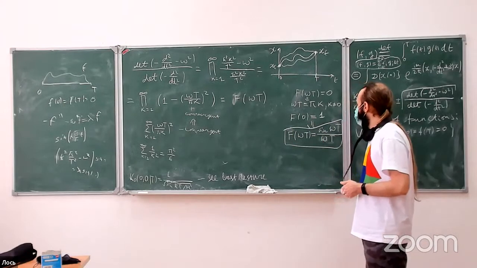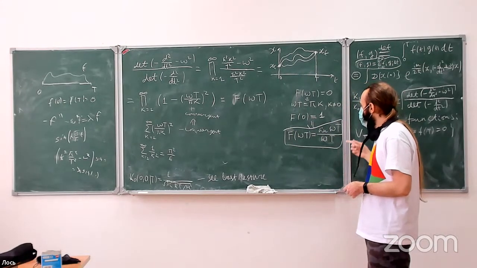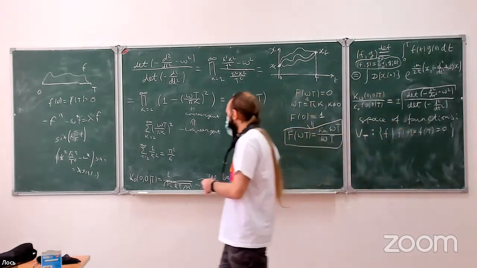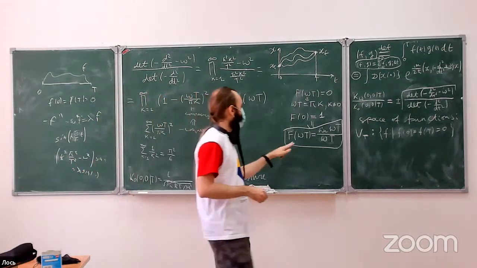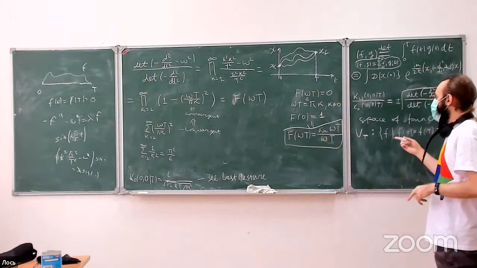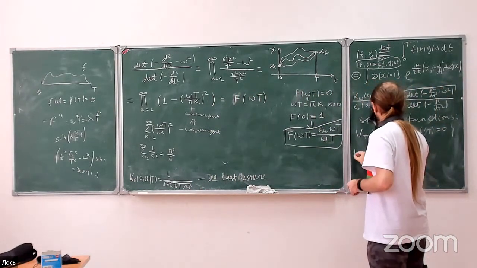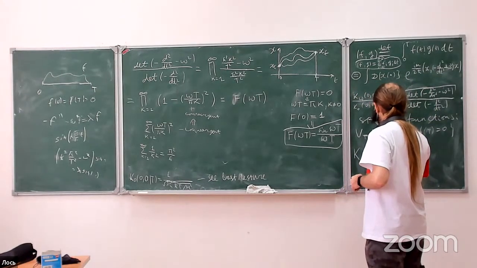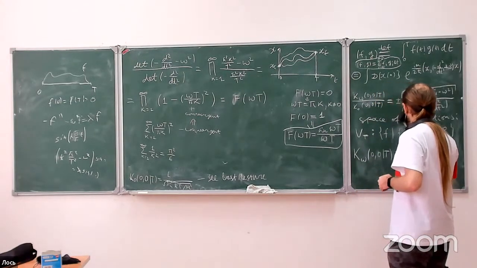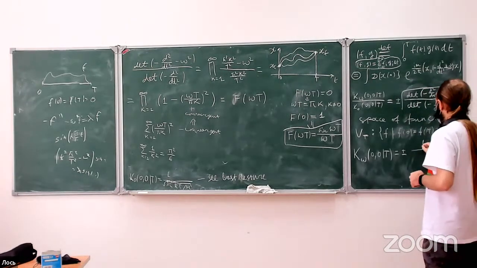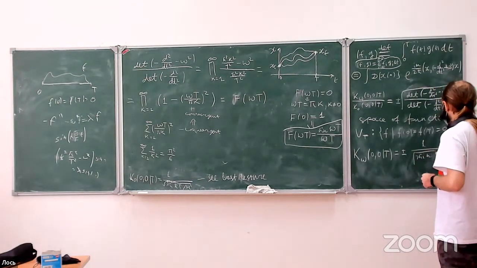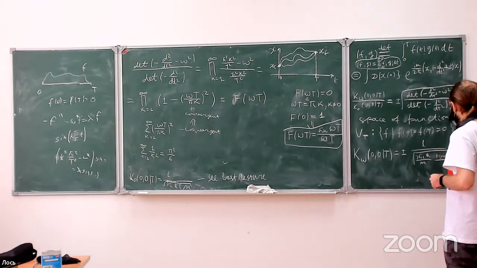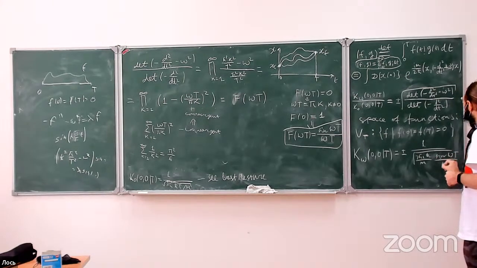And finally, we say that this ratio of determinants equals sine of omega t over omega t, and from this we can get that K omega of 0, 0, t is plus or minus 1 over the square root of 2 pi i, h bar over m, times sine of omega t over omega.